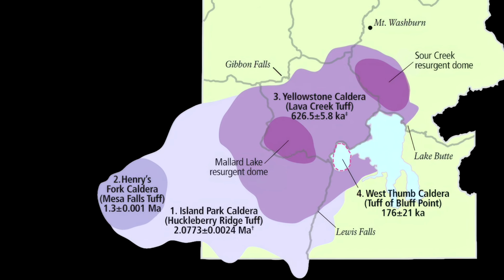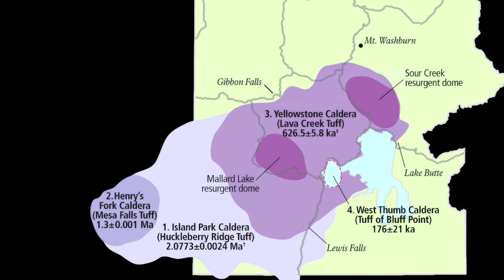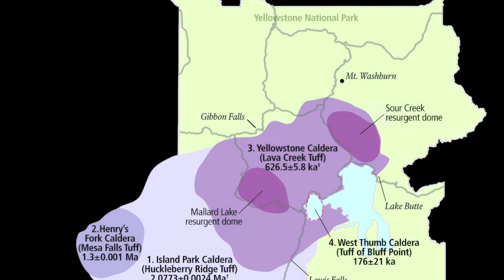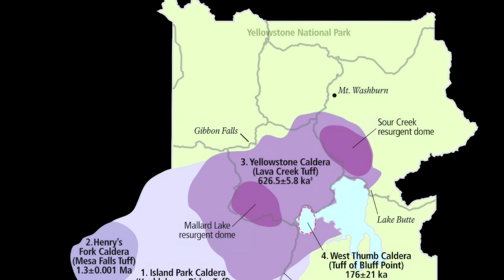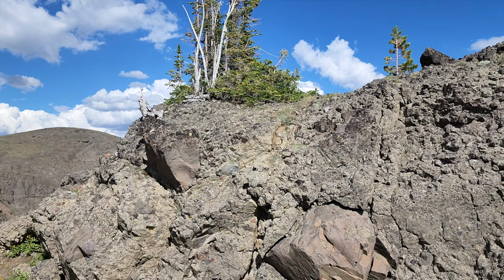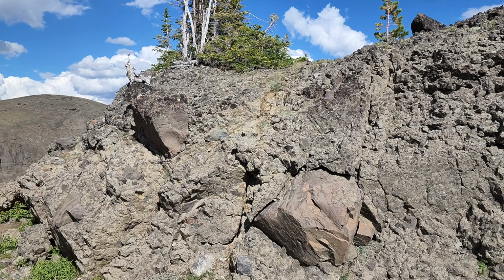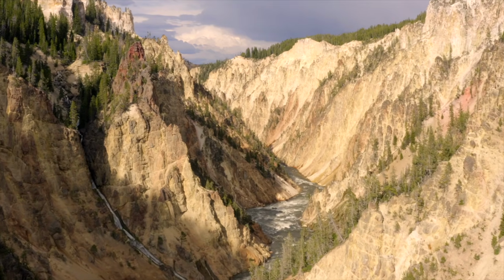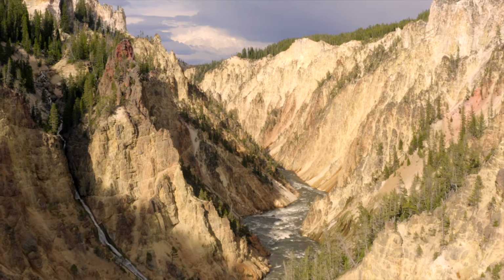The three great Yellowstone eruptions, Huckleberry Ridge at 2.1 million years, Mesa Falls at 1.3 million, and Lava Creek at 600,000 years ago, deposited massive welded tuff, rhyolite, and basaltic lava flows, adding to the elevation of the plateau.